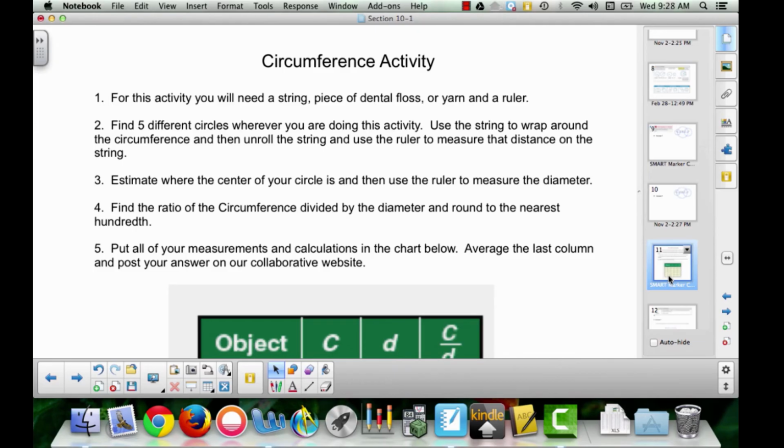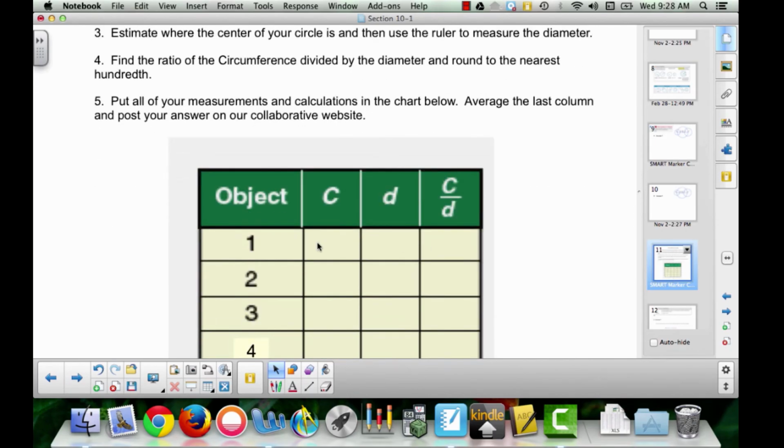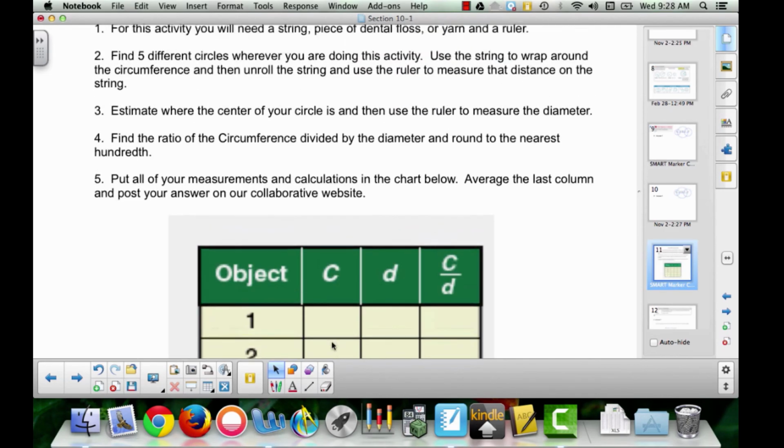You're going to use the string to measure around your circle, and then you're going to pull that string straight and use the ruler to measure that length that was around the circle. And you're going to go ahead and post that in this chart here for each of your 5 circles.